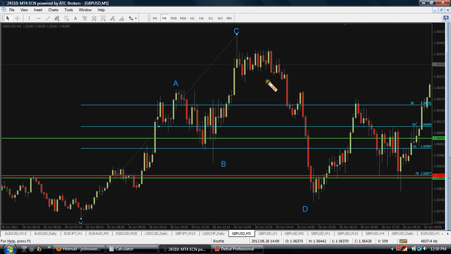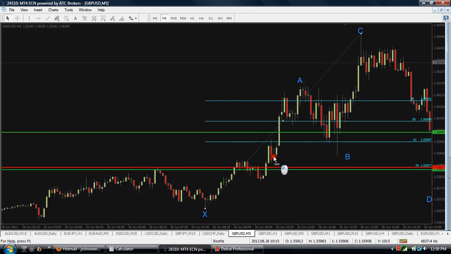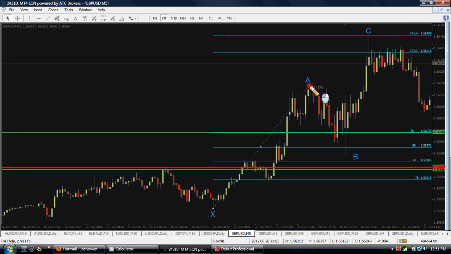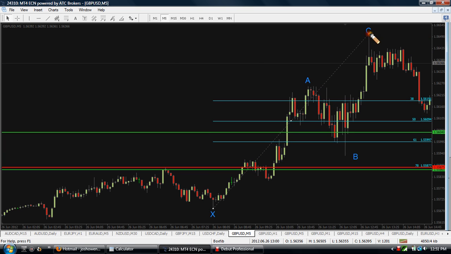Alright, so we would have put pending orders as soon as we see price respecting that 127 extension from X to A. That qualifies the pattern. Now to get our entry, we go from X to C, and we see price rolling back over into these retrace zones.